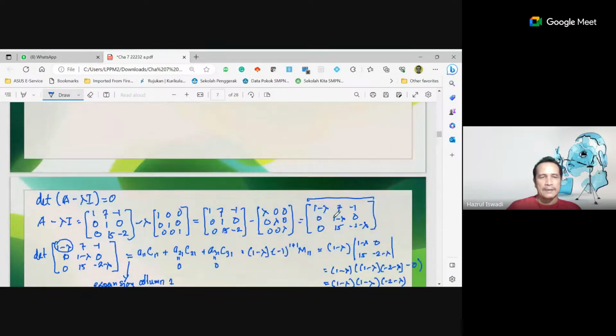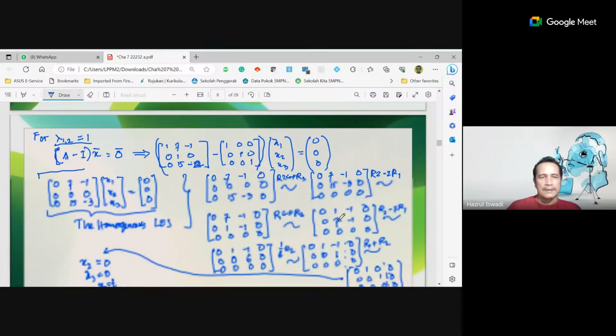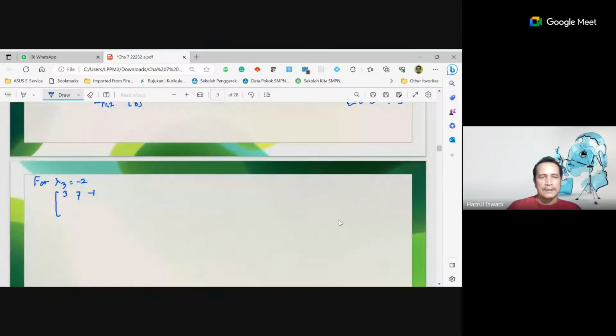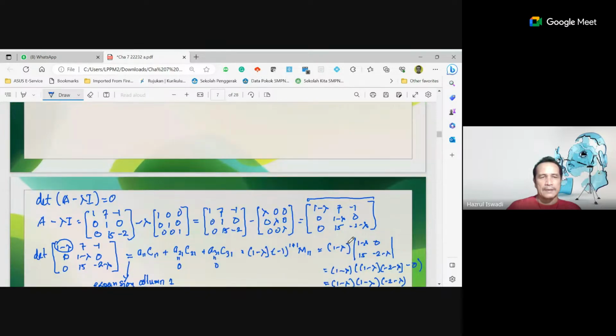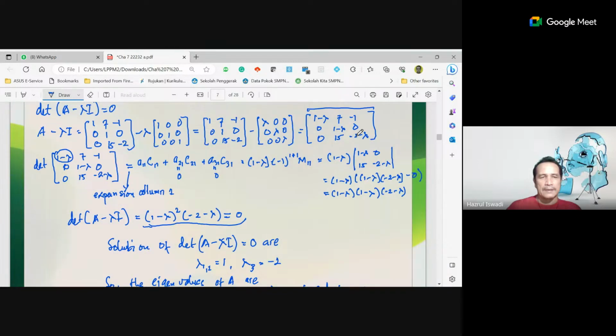Then 0, 1 minus minus 2 is also 3. So 0, 0, 3, 0. And the last row 0, 15 and minus and 0. Yeah, minus 2 minus minus 2 is 0.